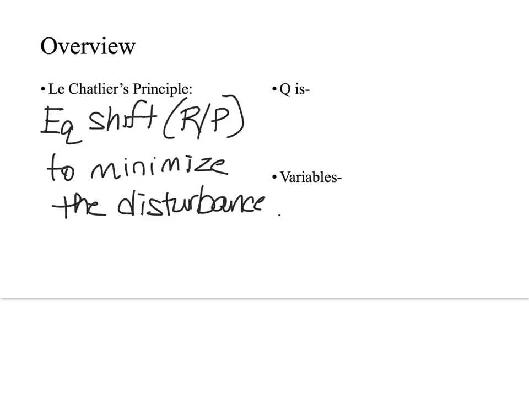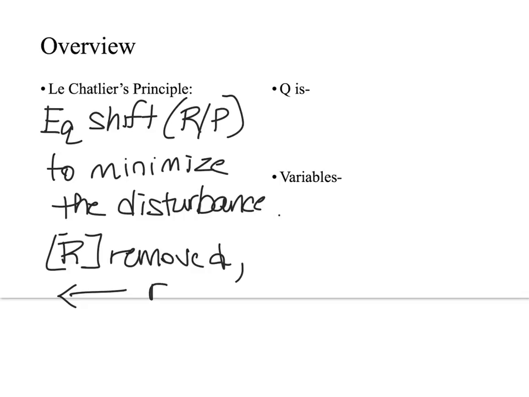So, for example, if one of the reactants is removed, the equilibrium will shift to the reactant side to replace the reactant.